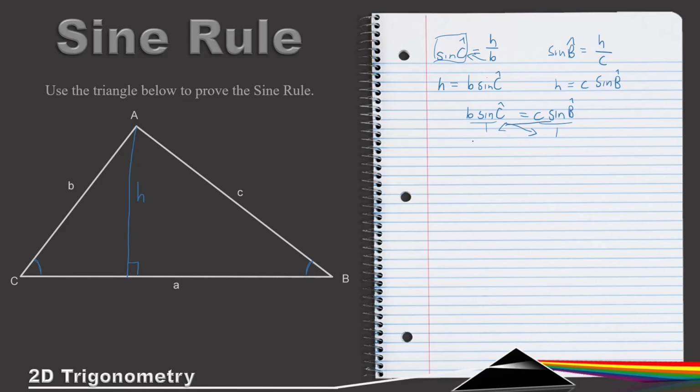So this is going to be B over sine angle B equals C over sine of angle C. Then we can say similarly, we can show that A over sine A is also equal to B over sine B, which is equal to C over sine C. And then we've basically proved it.